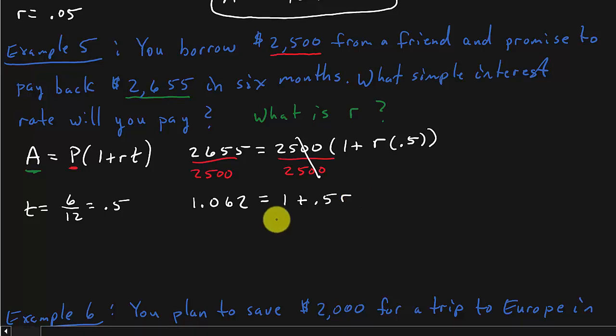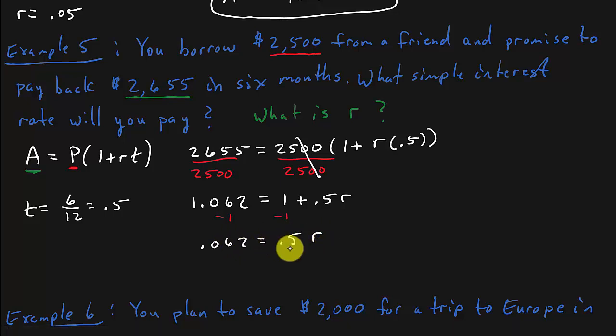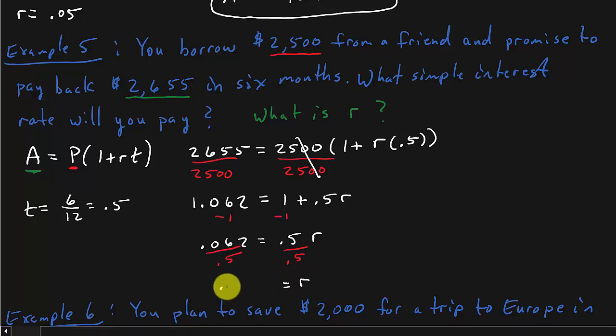And then we will subtract 1 from both sides. And so that's going to give me 0.062 equals 0.5 R. And then I will divide both sides by 0.5. And so that is going to give me R equals 0.062 divided by 0.5. That gives me 0.124.